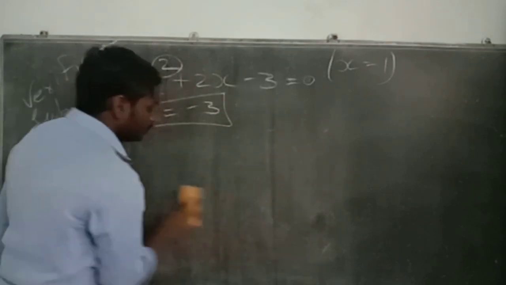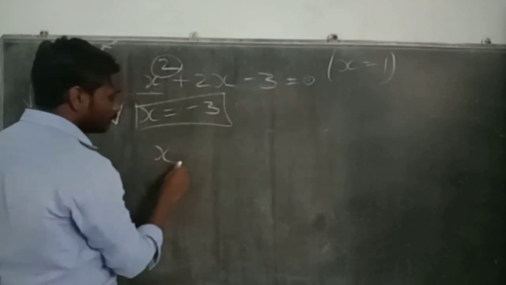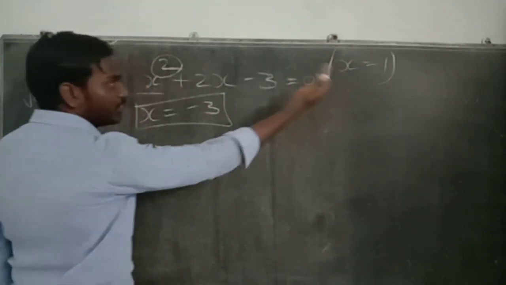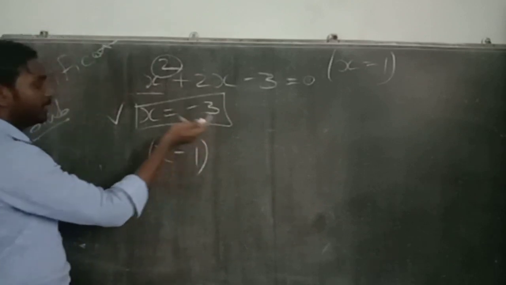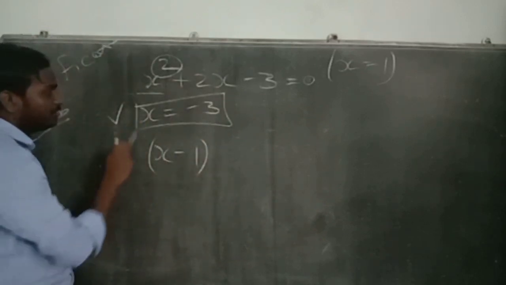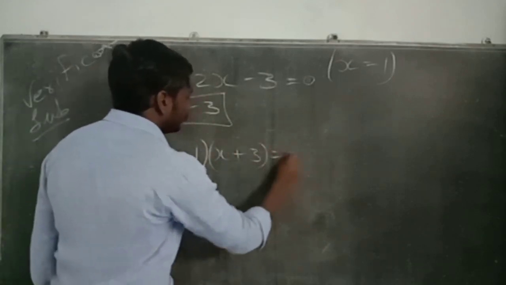Now I can write this equation as x is equal to 1, that means by changing 1 to the LHS, x minus 1, and again by changing minus 3 to the LHS, we get x plus 3, that is equal to 0.